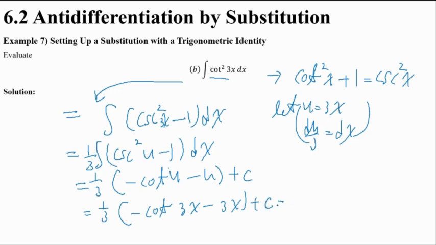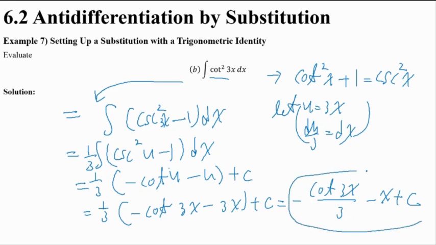So finally, negative cotangent 3x over 3, minus x plus c. Okay, that is our integral.